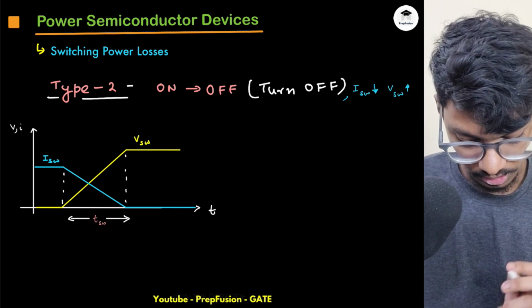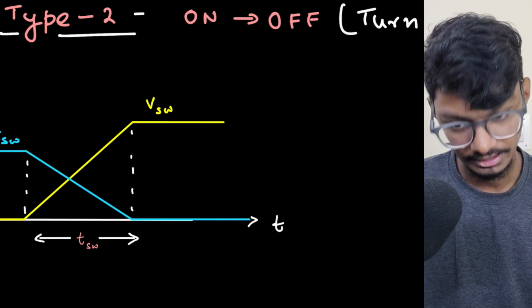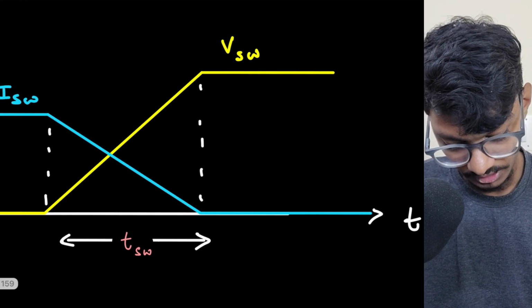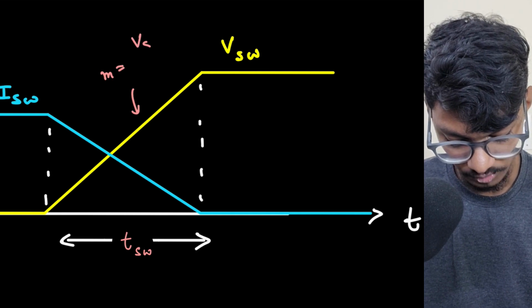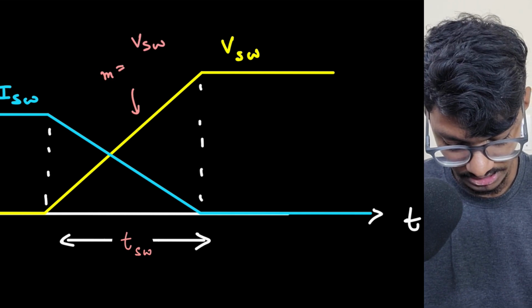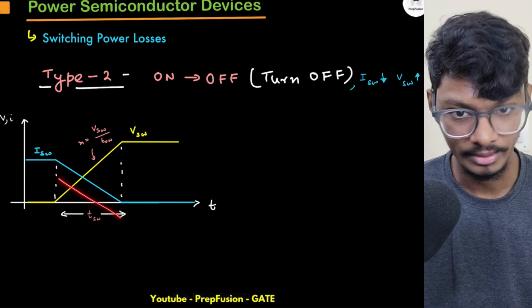So now what next? You can do the same thing. Here my slope will be what? For this the slope M will be equal to VSW by T on, change in voltage by change in time, and for the current, minus ISW by T on.